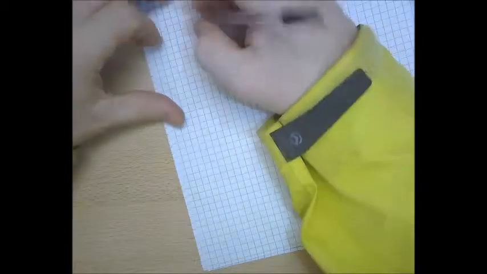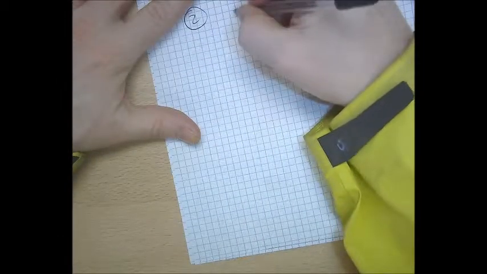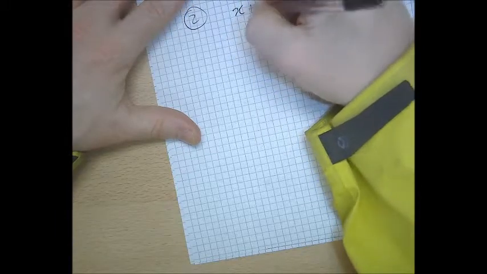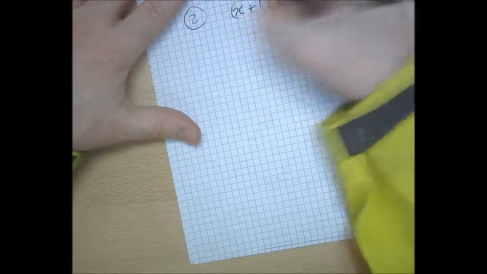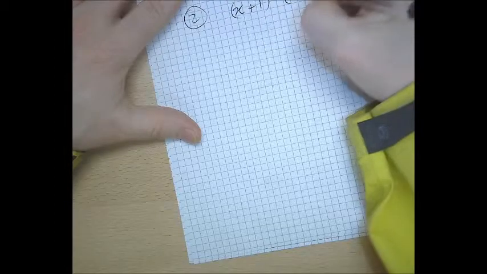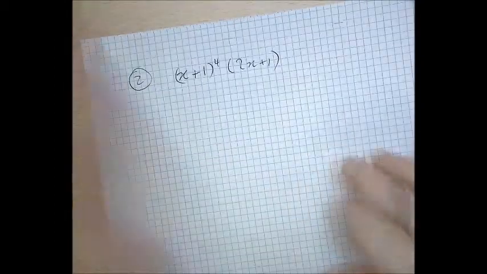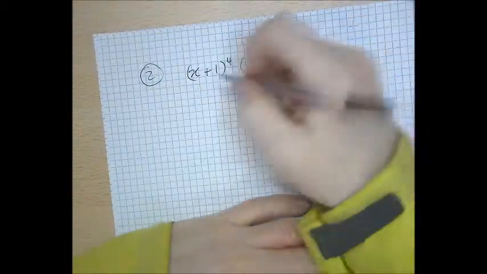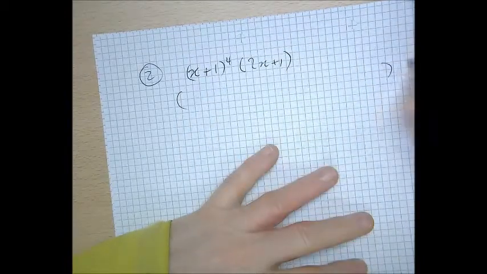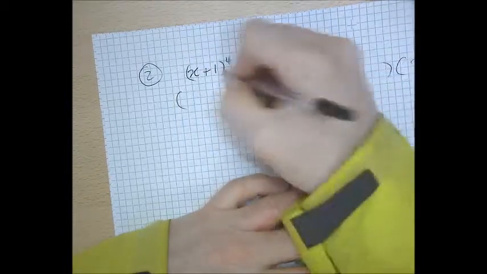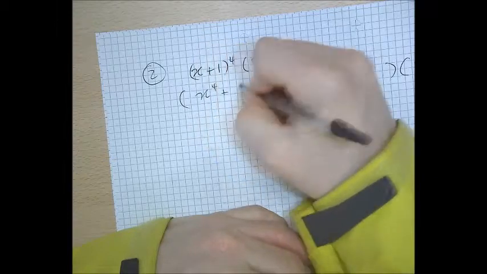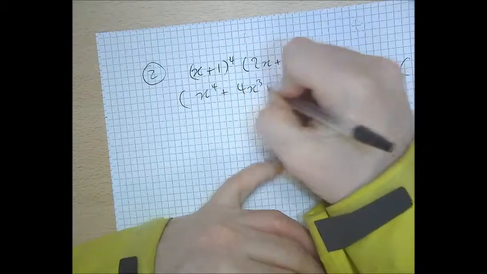Second loose end is sometimes they ask you to do things like this. Well, that's pretty simple. You just write your answer to the first expression, which I'll just tell you is this.